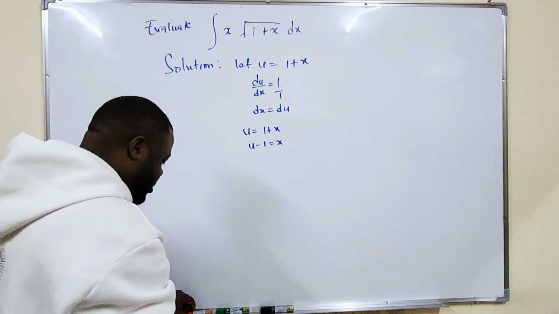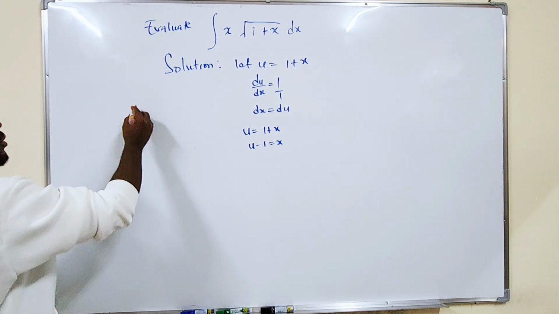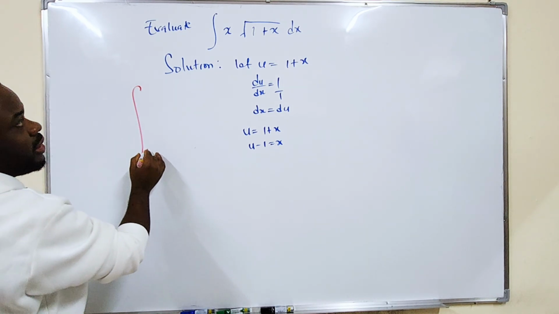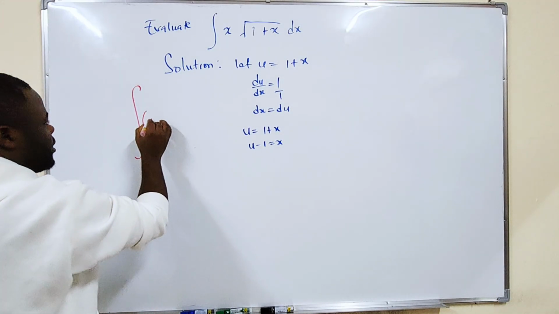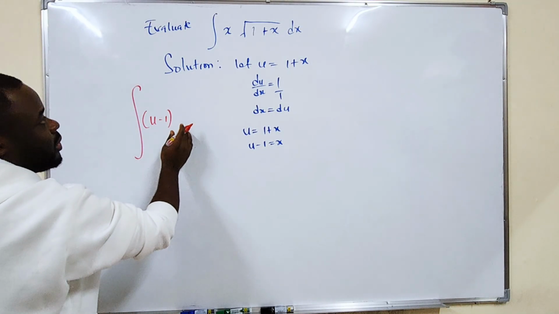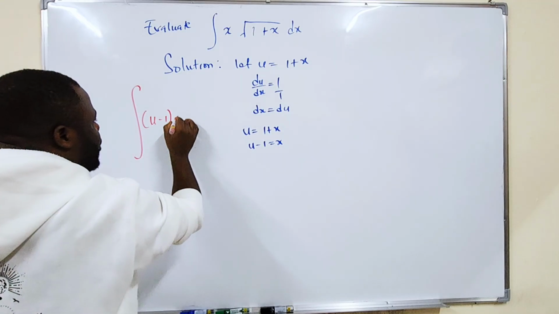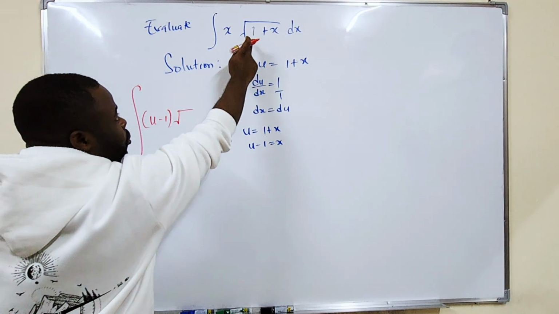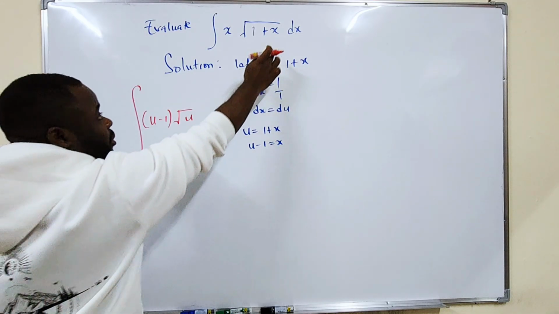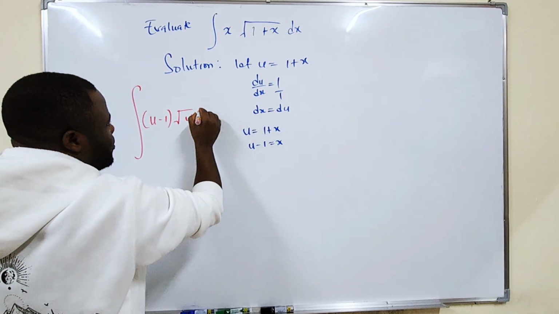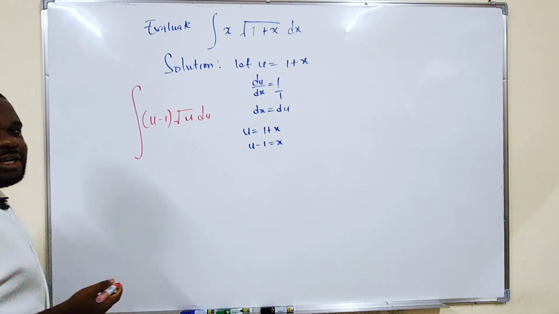Let me use another marker. So the indefinite integral of x becomes u minus 1, then we have the square root of 1 plus x, which is the same thing as the square root of u, and instead of dx, I'll write du.